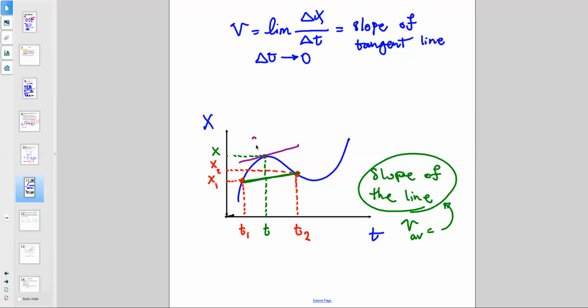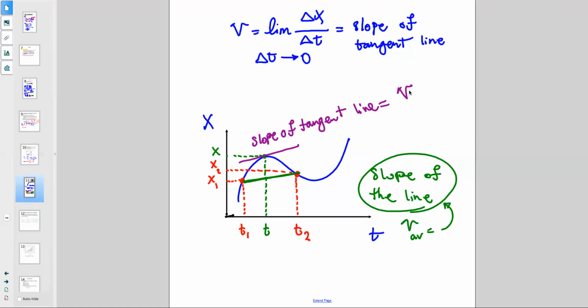If I find the slope of this tangent line, then I have found the instantaneous velocity, okay? Not the average, because we are only dealing with 1 point.